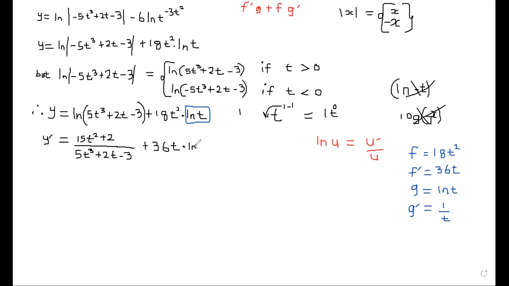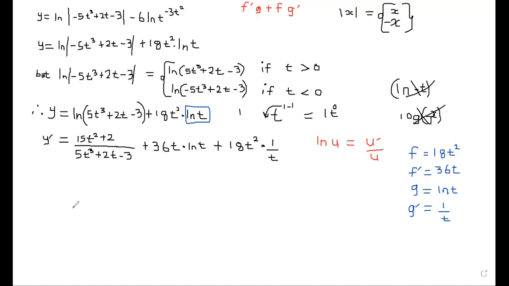Plus, right here, f. What is f? It's 18t squared, times g prime. What is g prime? It's 1 over t.